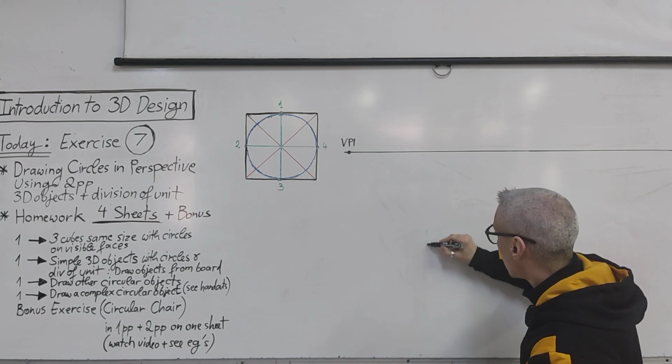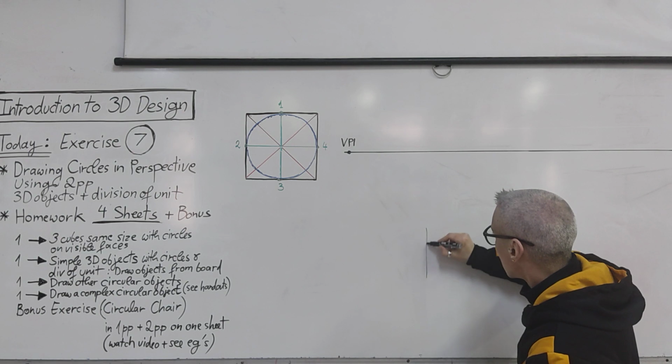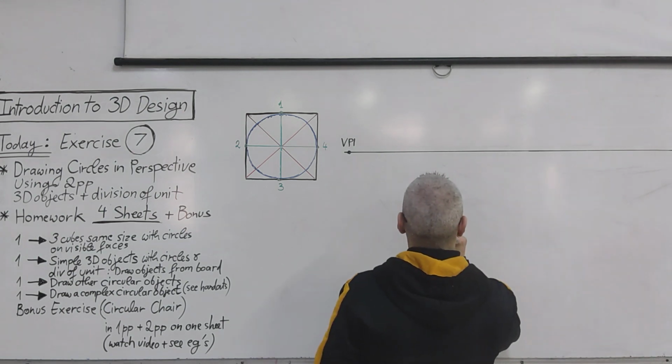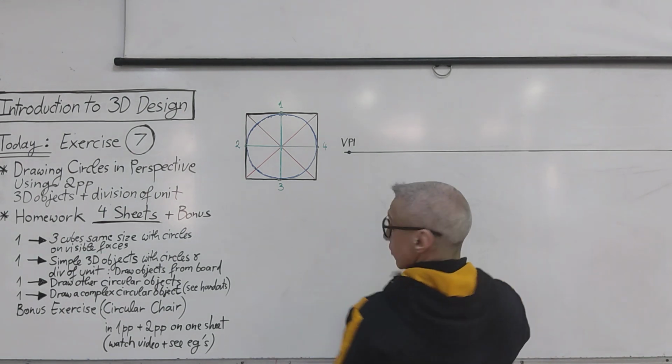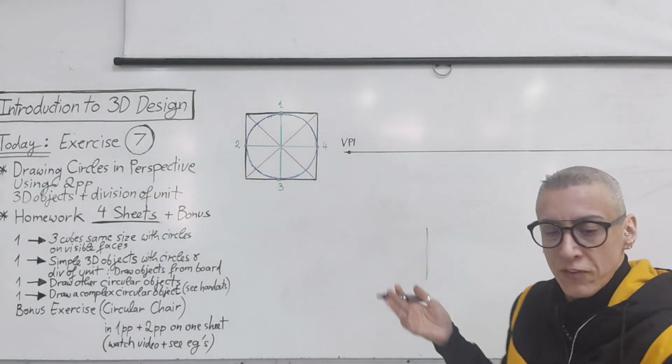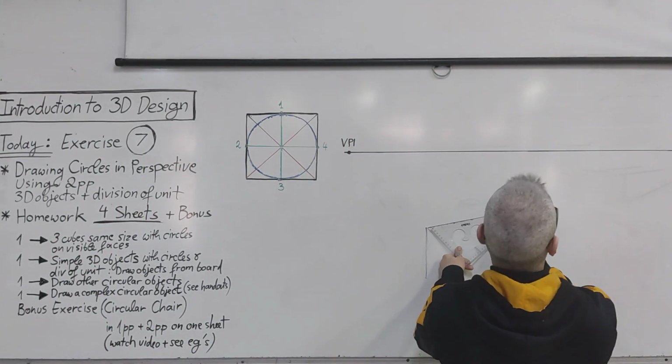What can we draw? Okay, let me draw something. Going to the vanishing point, I will draw just anything, okay, to see.